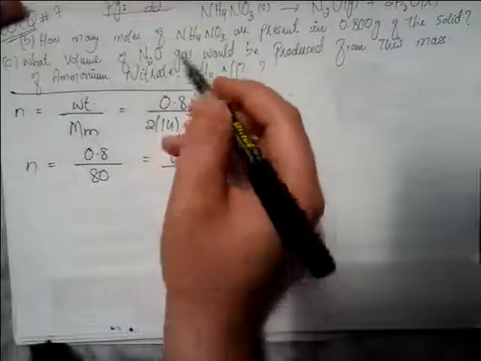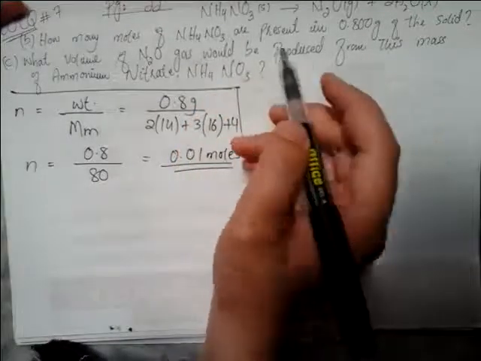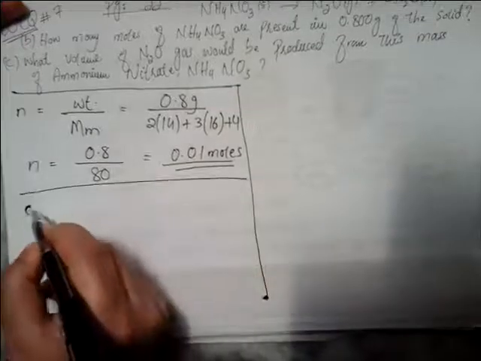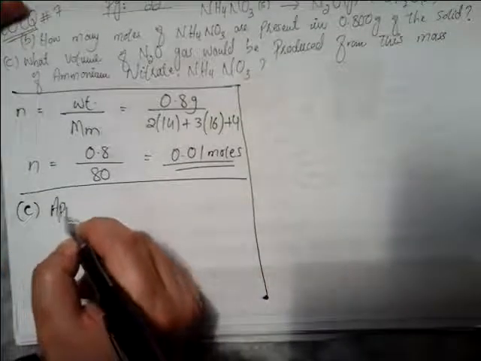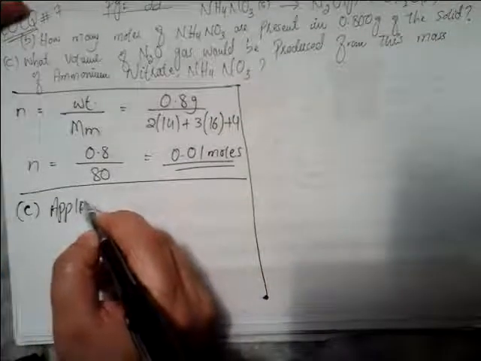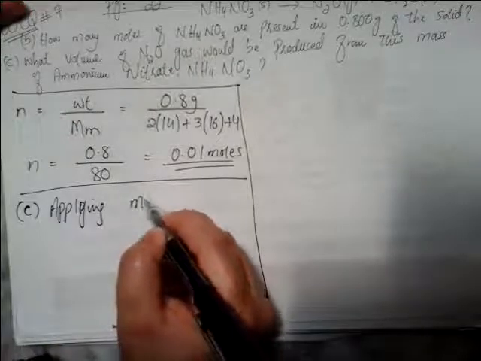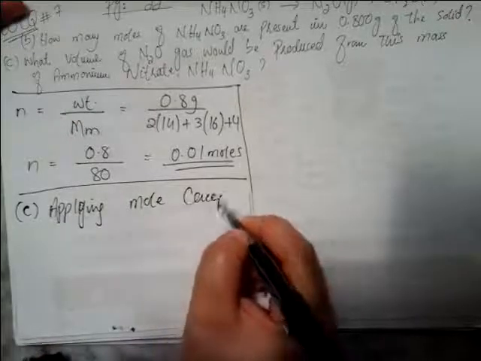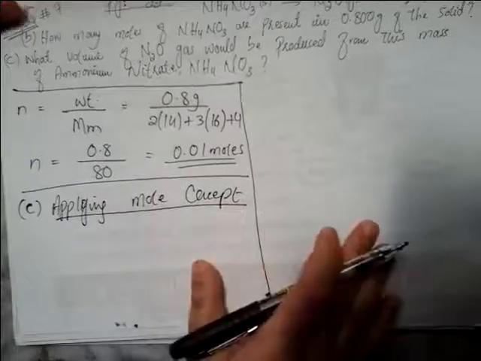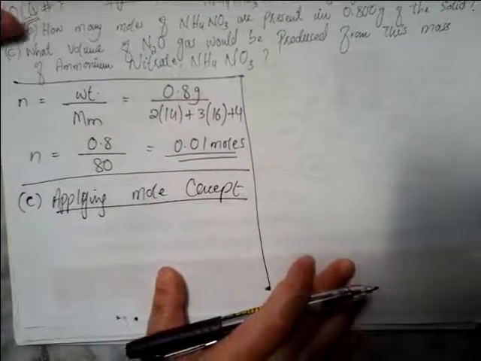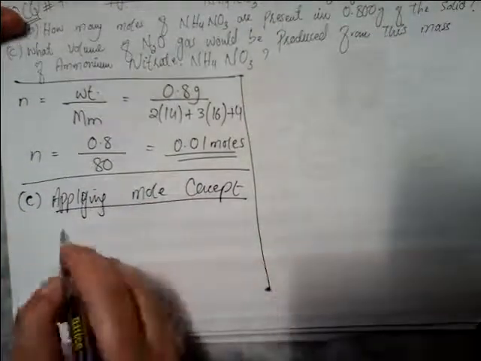What volume of nitrogen oxide gas would be produced from this mass? Again, part C needs application of the mole concept. Through the mole concept you can find the unknown moles and the unknown amount of the substance.